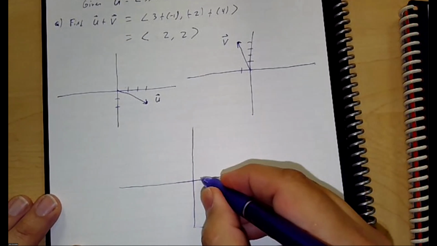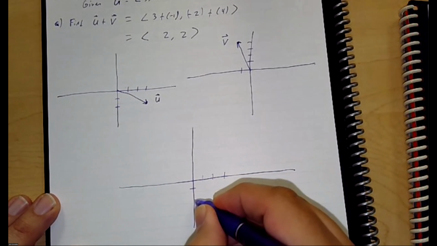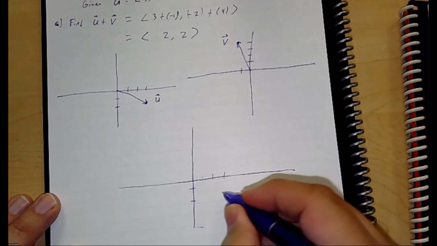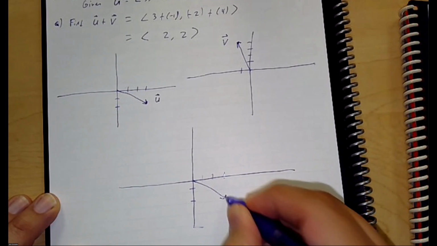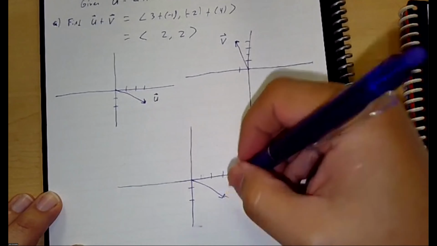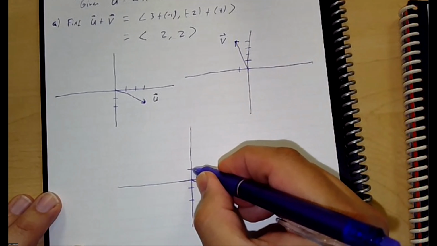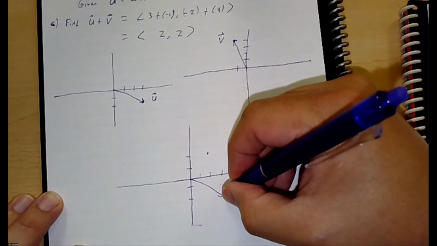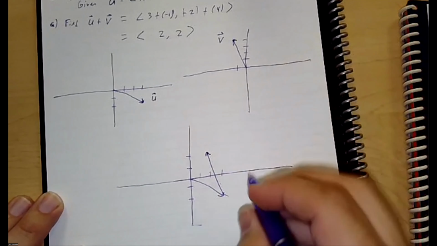So here is my 2, 3. Here's my U, right? The V from here is gonna go up to here. 1, and then up 4. So this right here.